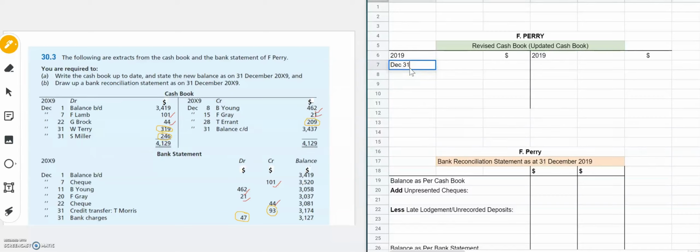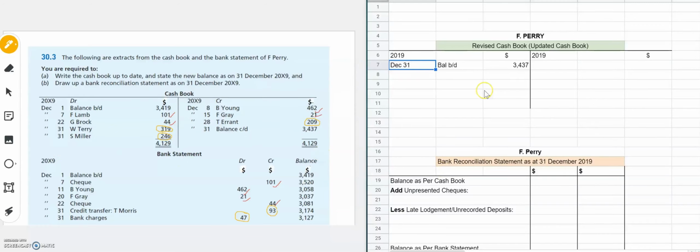December 31st, $3,437. So we record the information for our balance brought down, which would be the same as our balance carried down seen here for the end of the period. Our balance carried down is on the credit, so the brought down would be on the debit.